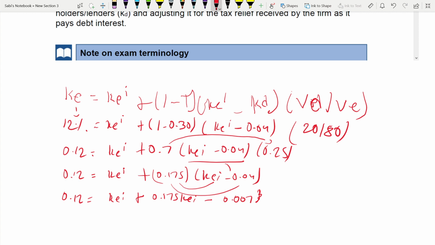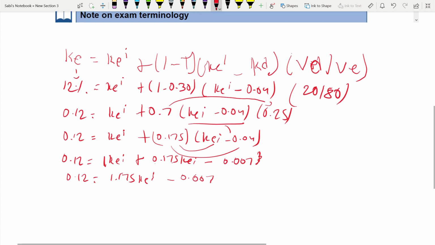Now this is 1 KEI and this is 0.175, so 1 plus 0.175 will be 1.175 KEI minus 0.007. Bring the 0.007 to the other side and add it with 0.12, it becomes 0.127 equals 1.175 KEI.